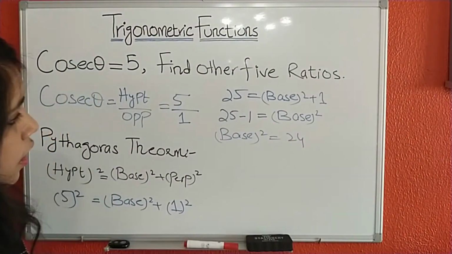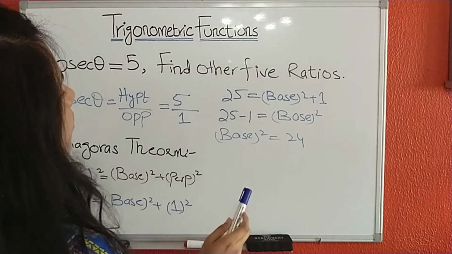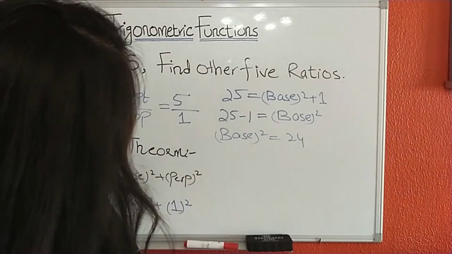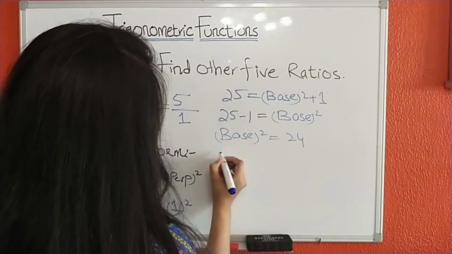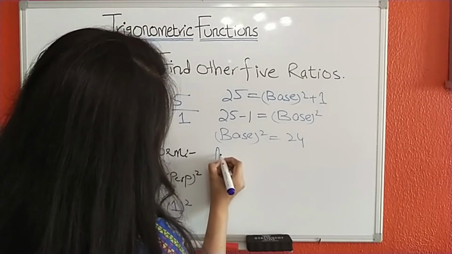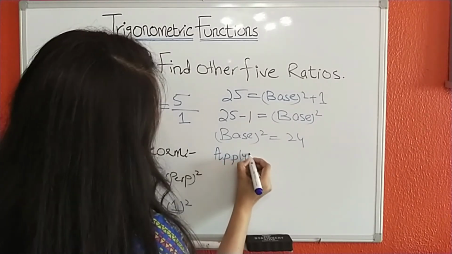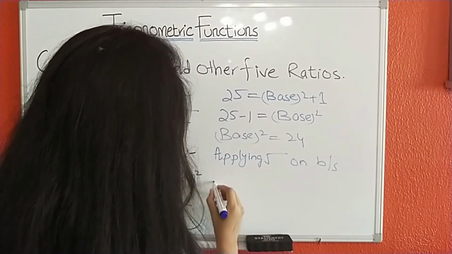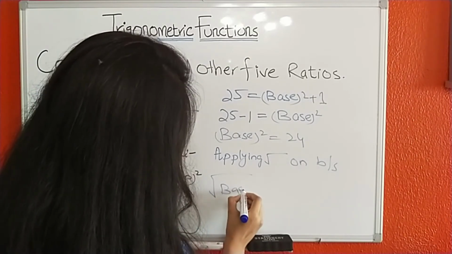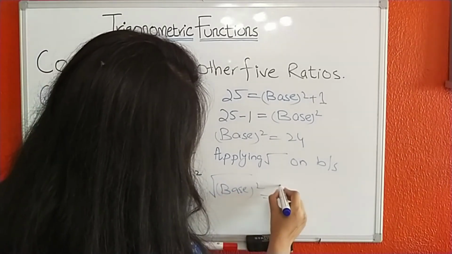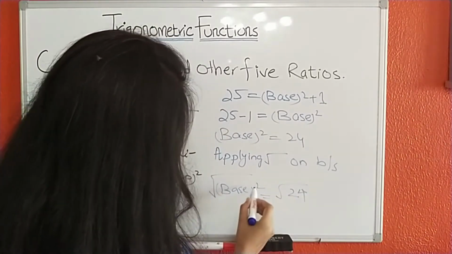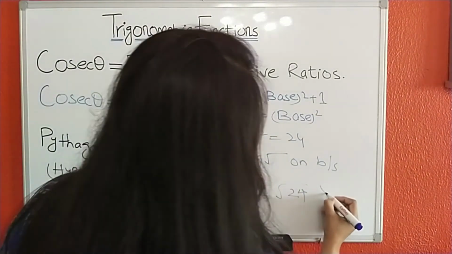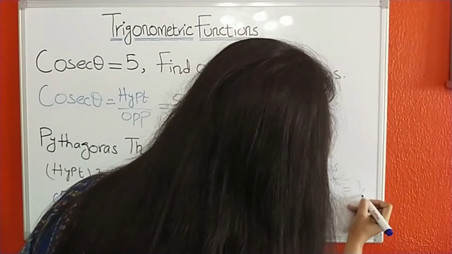Now I only need the value of base or adjacent side. I do not need the value of base square. Now I'm going to cancel the square. I'm applying under root on both sides. So base square is equal to root 24. Square and root will cancel each other because the value of root is 1 by 2.